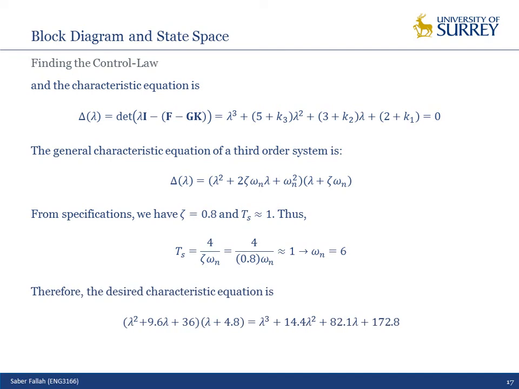Look, here 2 zeta omega n will be 9.6, omega n squared will be 36, and zeta omega n will be 4.8. If I multiply these polynomials, I will come up with this characteristic equation. So this characteristic equation will give me a damping ratio of 0.8 and omega n equal to 6.